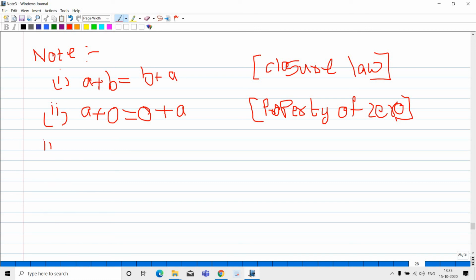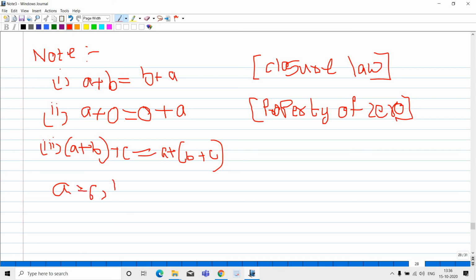And I am writing here A plus B plus C. Here I am keeping a bracket for A plus B and outside of the bracket plus C. And here I am keeping outside of the bracket plus A, and in the bracket B plus C. So here I am taking A equal to 6 and B equal to 3 and C equal to 1.